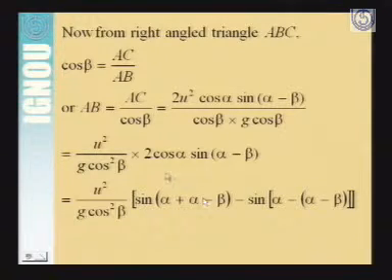Now from the right angle triangle ABC, cos beta is equal to AC by AB, so AB is equal to AC by cos beta. We have already got the expression for AC, so AB comes out to be u square divided by g cos square beta into 2 cos alpha sin(alpha minus beta), where beta is the angle of the inclined plane and alpha is the angle with which the ball is projected with the horizontal.